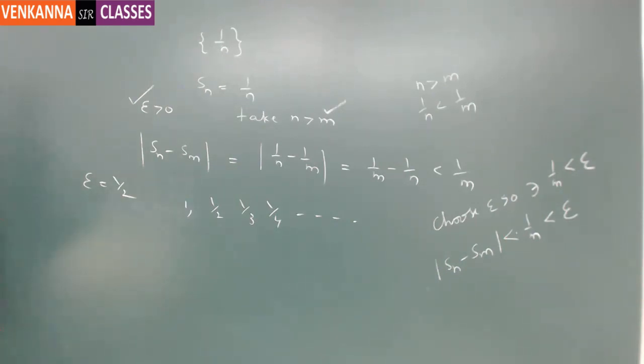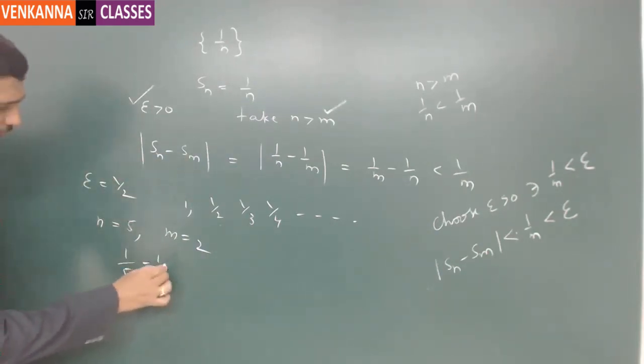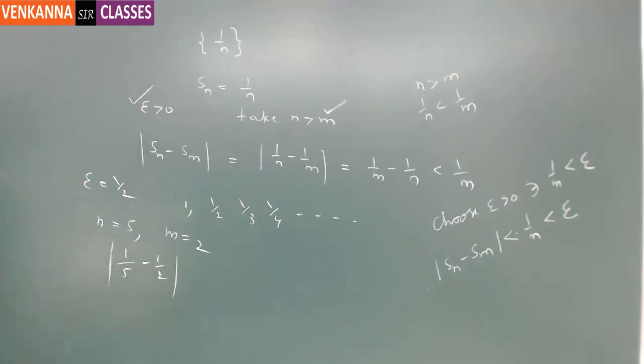Suppose you have a doubt how it is going to work. Now you tell me what is m, what is n. You give some numbers to me. Five comma 2. So you are saying that n is equal to 5 and m is equal to 2. So what is Sn minus Sm? It is nothing but 1 by 5 minus 1 by 2. I am substituting the values in the sequence because the sequence is 1 by n. Yes or no?